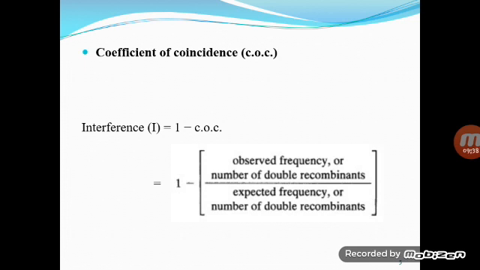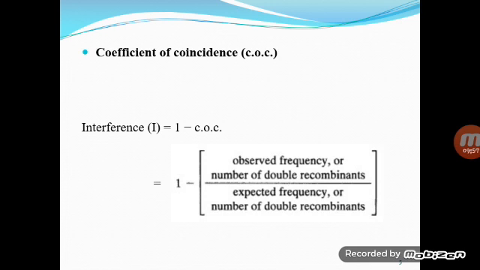So coefficient of coincidence is the observed frequency or number of double recombinants divided by the expected frequency or number of double recombinants.